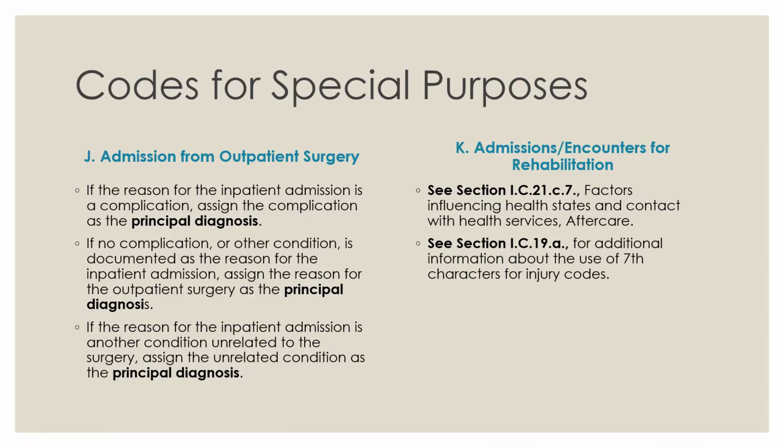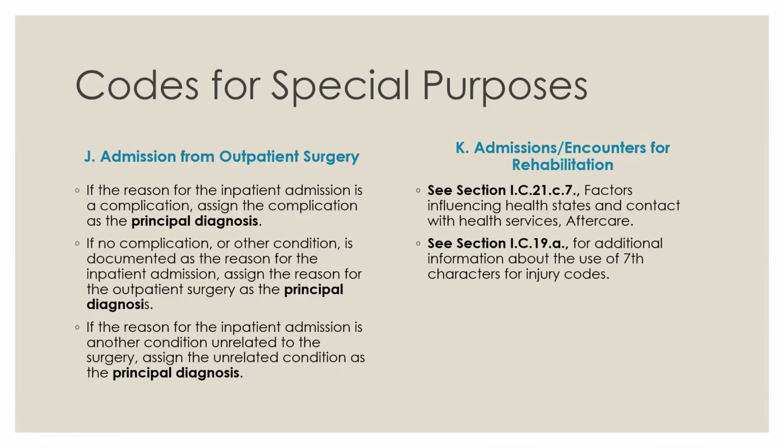If no complication or other condition is documented as the reason for the inpatient admission, assign the reason for the outpatient surgery as the principal diagnosis. If the reason for the inpatient admission is another condition unrelated to the surgery, assign the unrelated condition as the principal diagnosis.